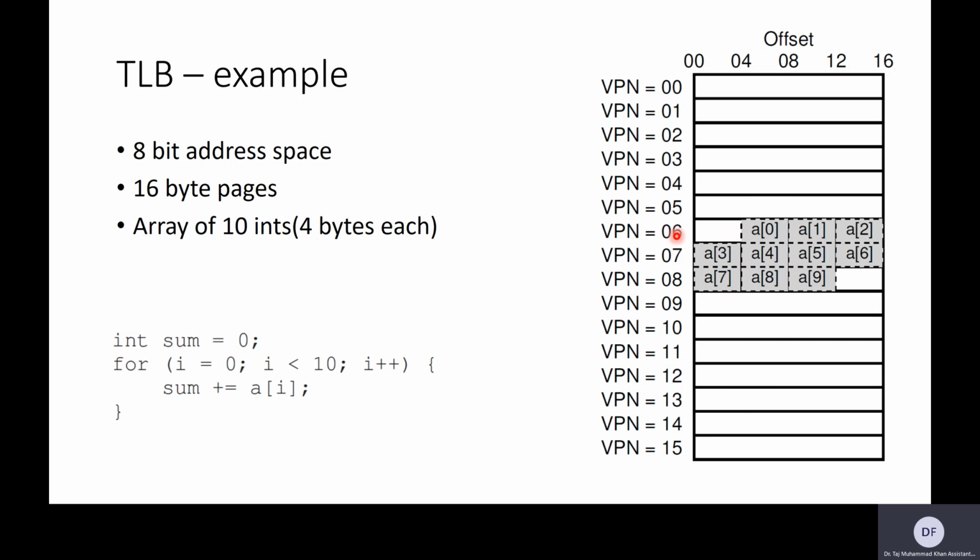Okay? It will get the physical frame number and then update the TLB with this new information that virtual page number 6 is residing in this physical frame number.